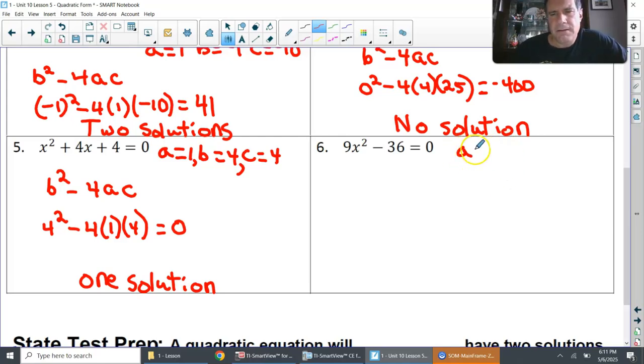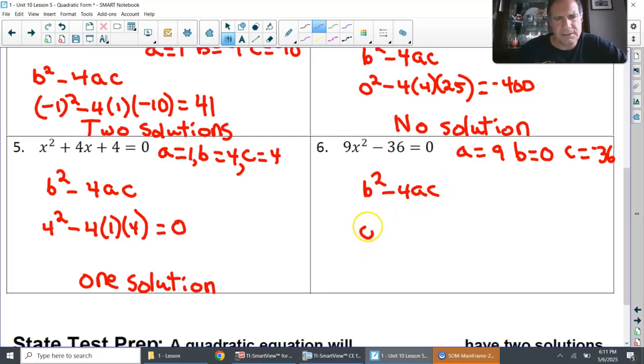We're going to have A is 9, B is 0, C is negative 36. B squared minus 4ac. 0 squared minus 4 times 9 times negative 36.